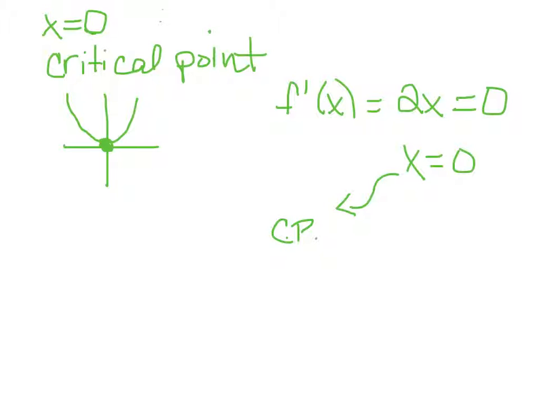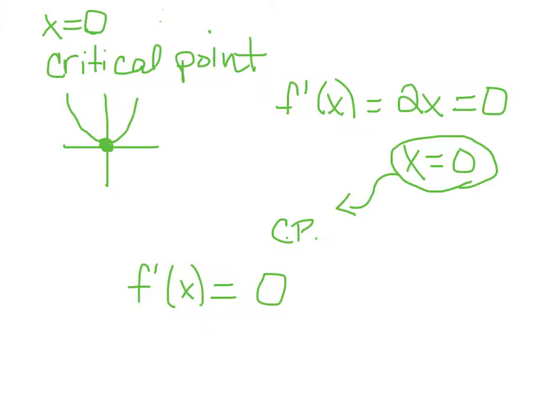So when we are trying to find critical points, the one way we're going to work on for right now is to take the derivative and set it equal to 0. When you take that derivative and set it equal to 0, you're getting a critical point. And that critical point is going to help you determine certain things about the function. So for example, here, x is equal to 0 is a critical point.